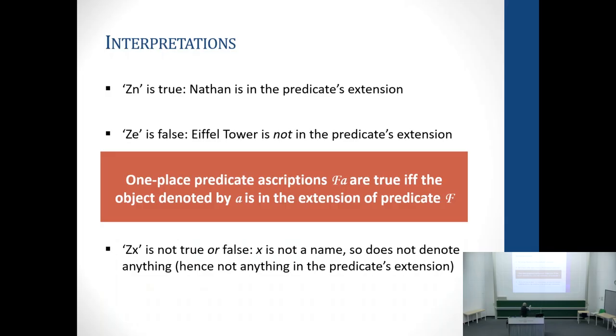Notably though, Zx is not true or false. It's not said anything yet. We need to know how to fill in the gap. What quantifier is being expressed here?